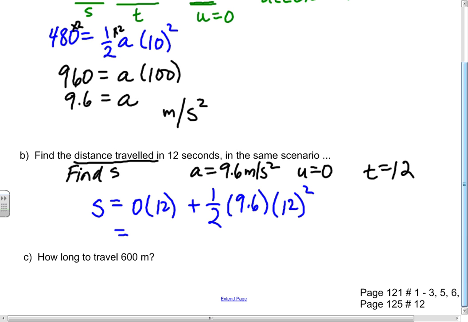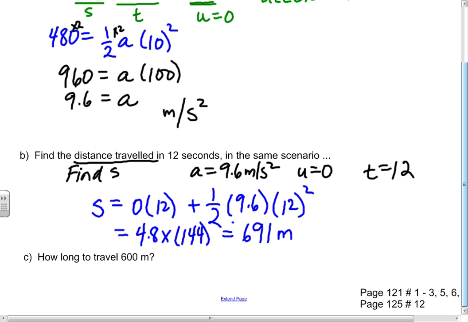A half times 9.6 is 4.8 times 12 squared, which is 144. Final answer is 691 meters in those 12 seconds. That is reasonable when we know that he went 480 meters in 10 seconds.